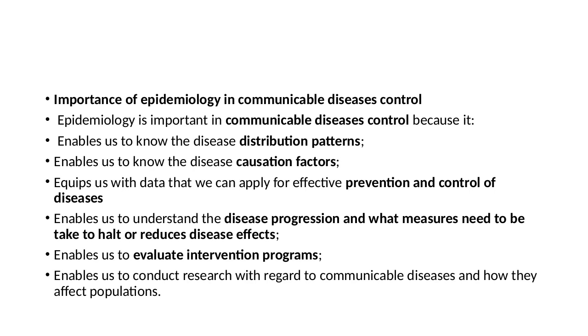Number one, it enables us to know the disease distribution patterns. Right now, because of the epidemiology that we are having each and every time in Kenya, we're able to know coronavirus is more in Nairobi and in Mombasa as compared to other counties. That is distribution patterns.